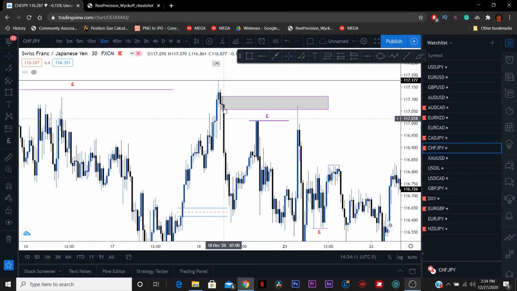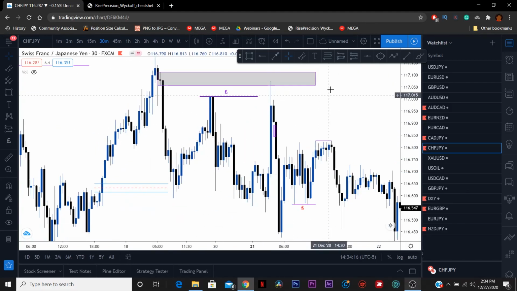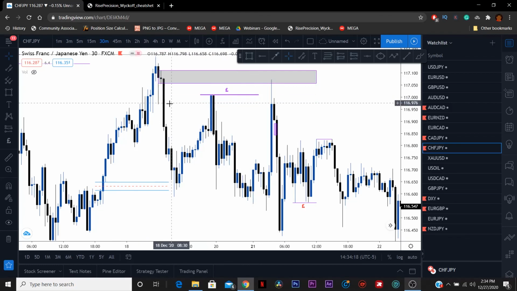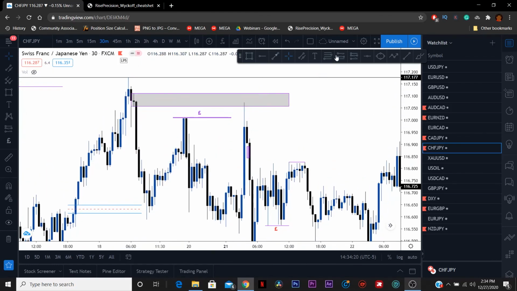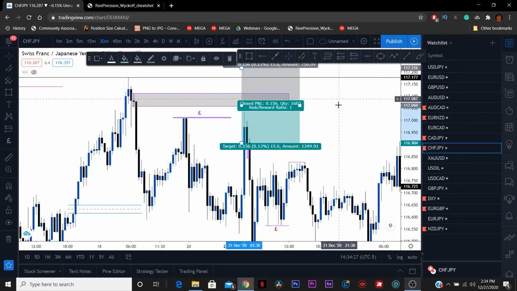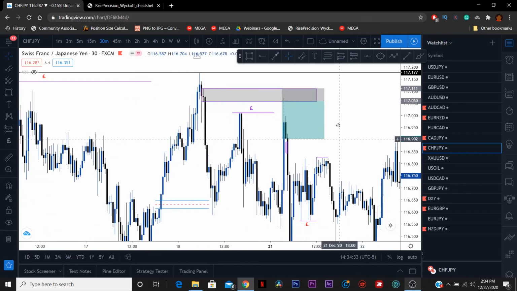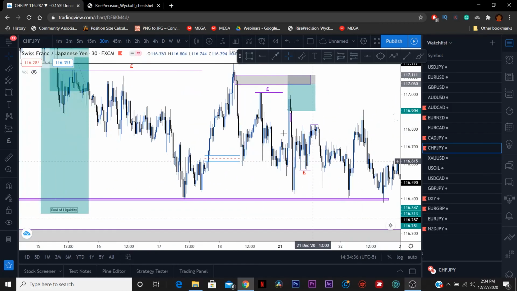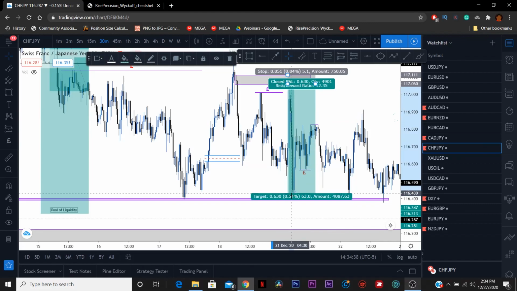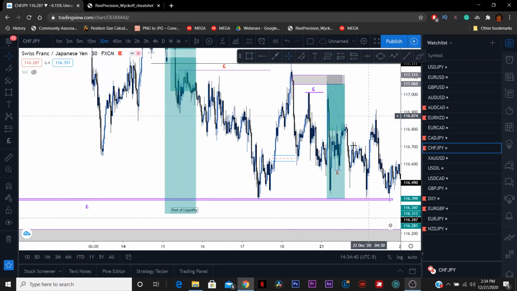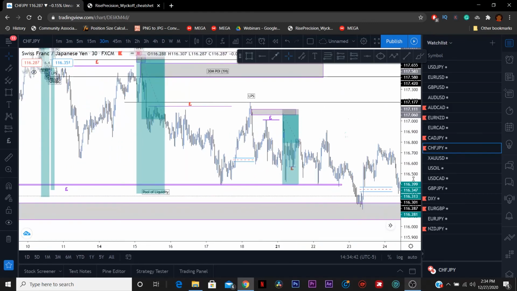So knowing that this whole thing is filled with a lot of imbalance, you know that the market is going to stop here once it fills this. So this is another entry you could have taken right here with your stop loss for a 5 pip. Taking this down right there. That would have been a 12-to-1. Okay.